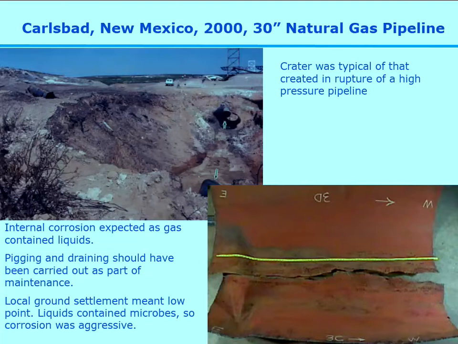However, there had been some ground movement, and so the level of the pipeline had shifted, and the low point where the drain was located was no longer the low point in the pipeline. So the operator hadn't actually gone through the draining and cleaning process. The liquids contained microbes, and the microbes caused very aggressive corrosion, which of course was along the strip in the bottom of the pipeline, so it occurred essentially as an axial groove, perfect defect conditions for a rupture.